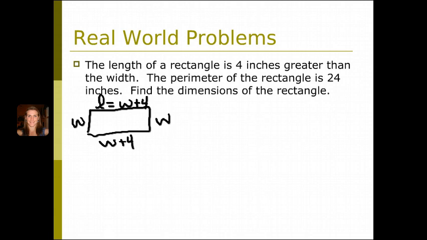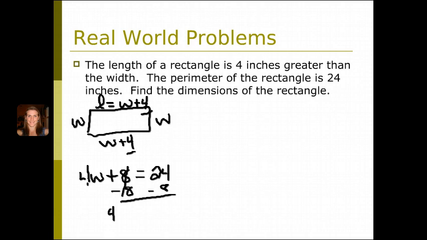At this point, all we need to do is add up how many W's we have. And we've got 4W plus 8, because I've got 4 plus 4, equals 24. Subtract 8 from both sides, and you've got 4W equals 16.